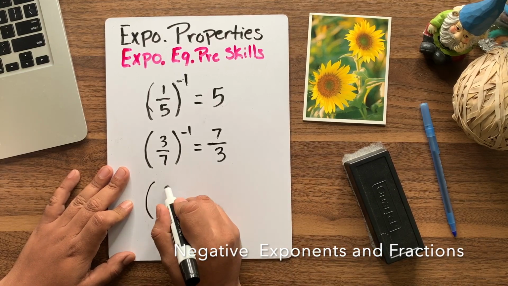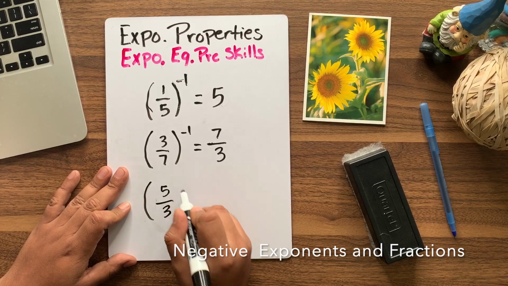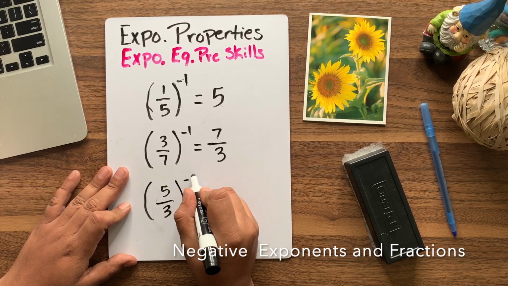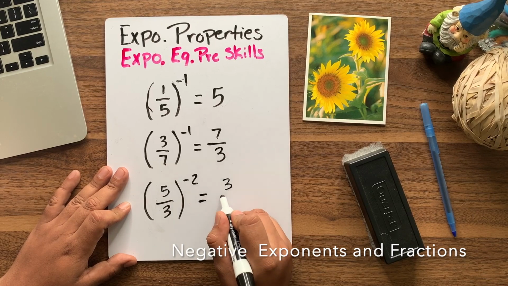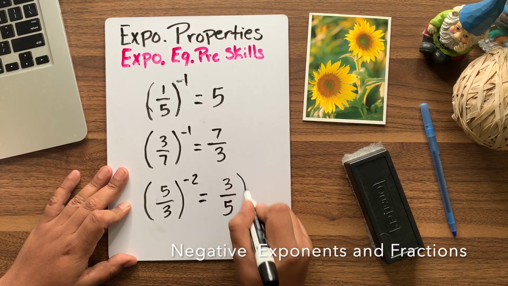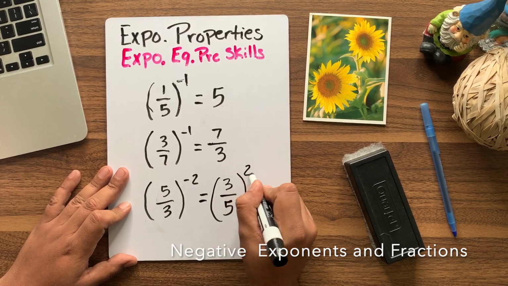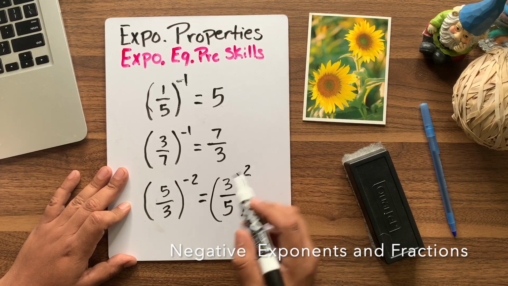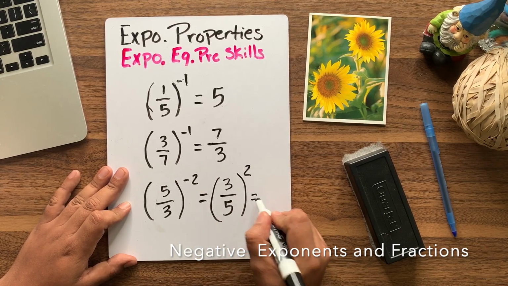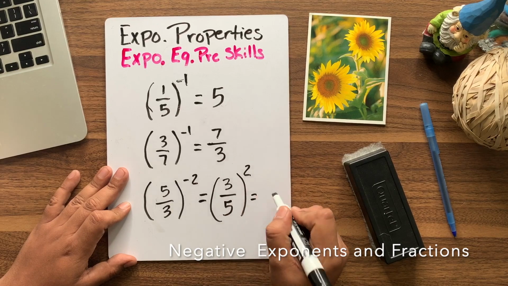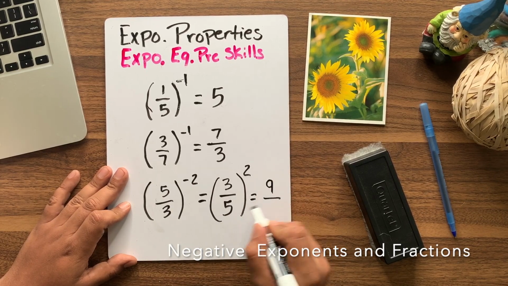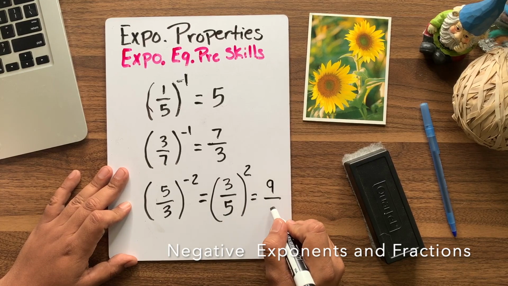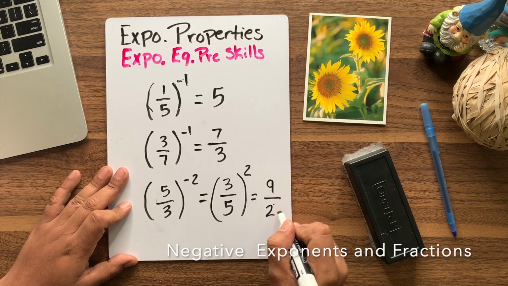If you have 5/3 to the power of negative 2, well, we're going to flip the fraction first. We're going to leave the 2 there. So I flip the fraction, and then I'm going to apply the power. 3 to the power of 2 is 3 squared, which is 9. And 5 to the power of 2 is 25.